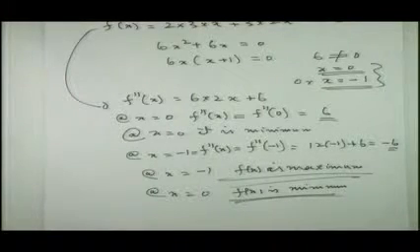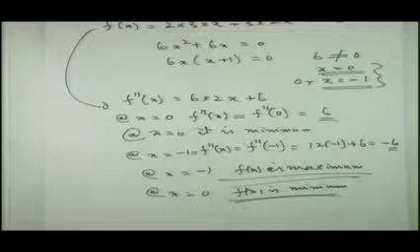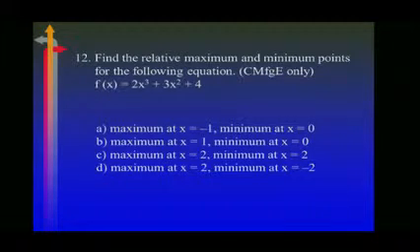So what do I get here? Let's go back and see what my options were. We said at x equal to 0, it's a minimum. A minimum at x equal to 0 is not a minimum at 2 or minus 2, so those are out of the question. So A and B stay, C and D are out.